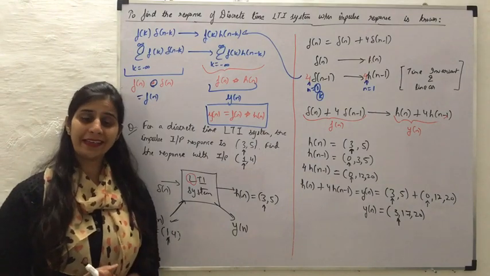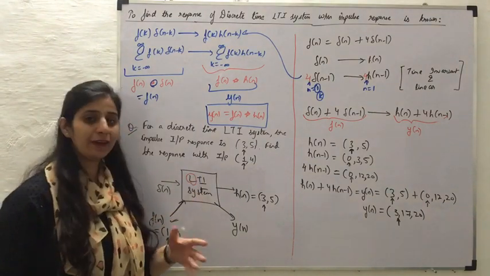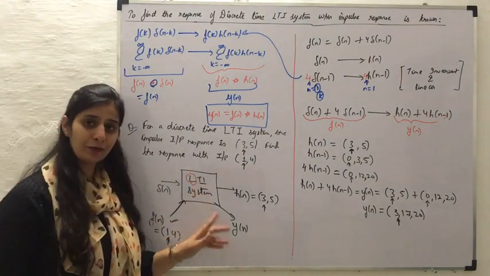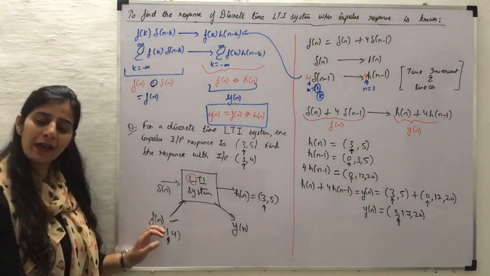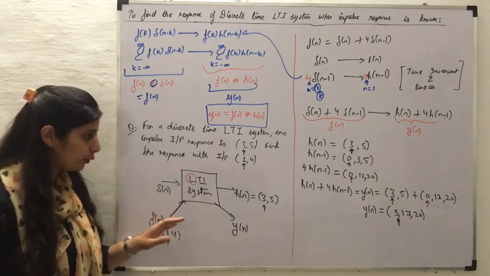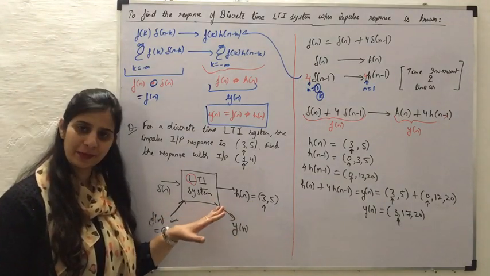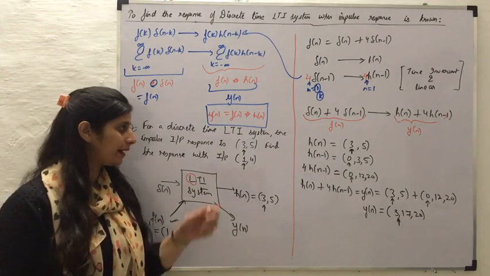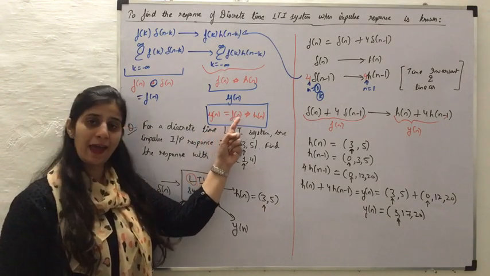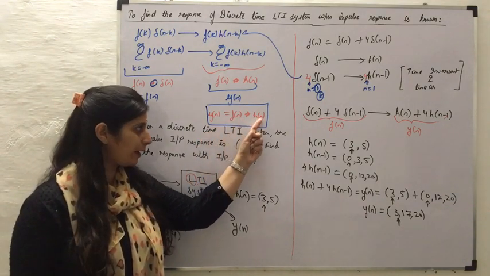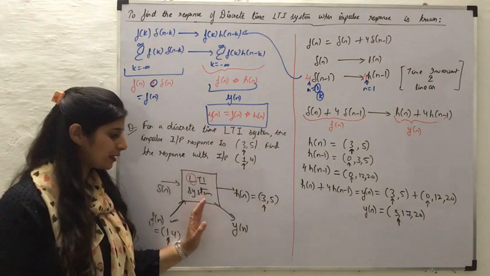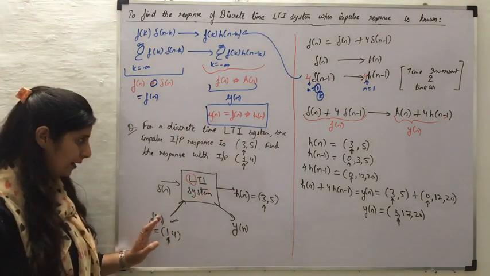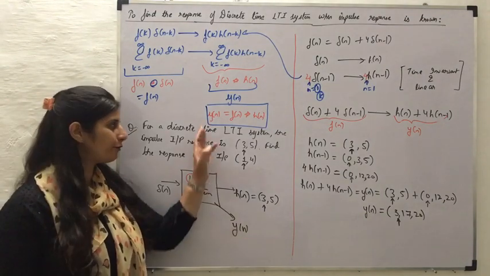So for a discrete time LTI system, we can find out how this system would respond to any discrete time input signal in the form of f of n when we know the impulse response of this system, and that is done by finding out the convolution between f of n and h of n, which will give us a resultant function, or the response of this system for the signal f of n, which we are taking as y of n.